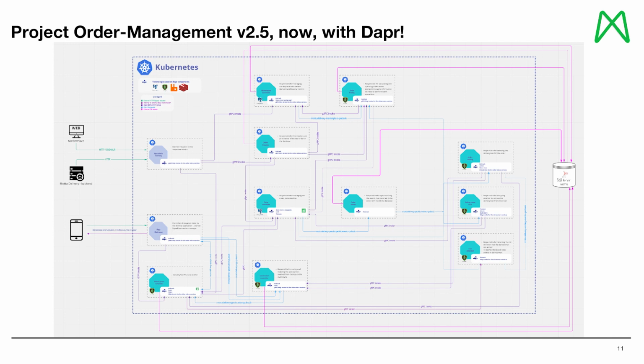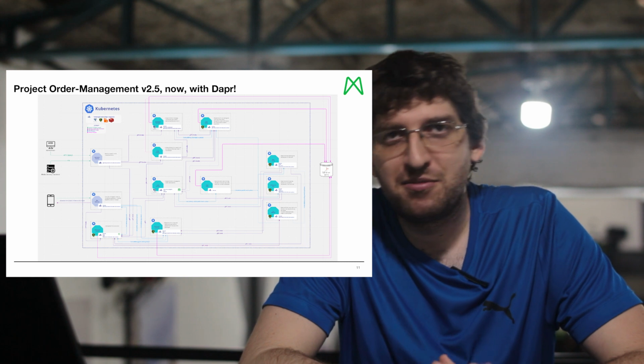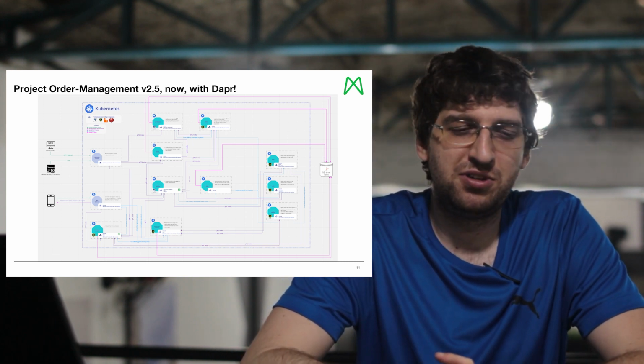So we had a really short time to migrate this system. We had just a single month, and we did this migration in just a single month. Some days more, but we migrated more than 100 lines of code in one month using Dapr.